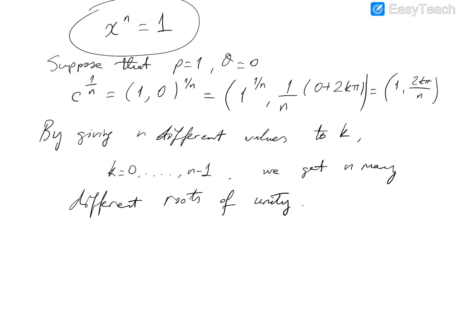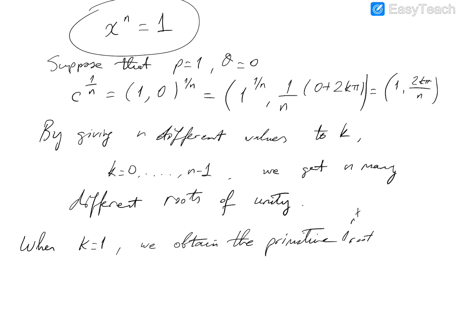And as I said, when k is equal to n, we obtain the first root. When k is equal to 1, we obtain the primitive nth root of unity. This is called the primitive root, primitive nth root of unity.